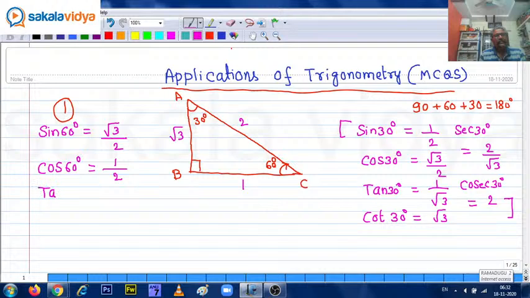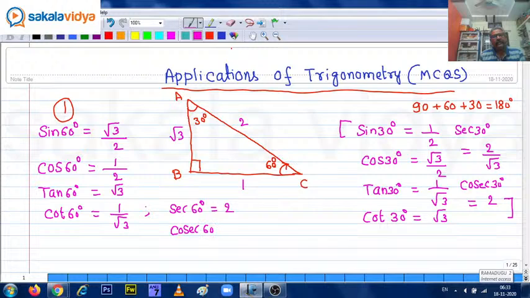Tan 60 degrees is equal to opposite by adjacent, that is root 3 upon 1, root 3. Cot 60 is 1 by tan 60, 1 by root 3. Secant 60 degrees is equal to 1 by cos 60, which is 2. Cosecant 60 degrees is equal to 2 upon root 3. These values are very, very important.